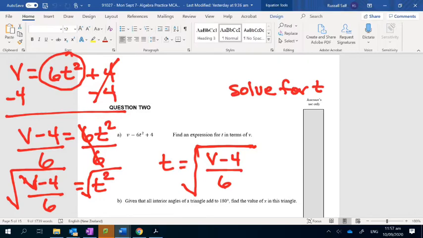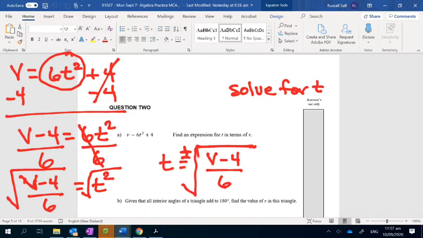And now, technically, when you take the square root, you get a positive and a negative value. For some reason, they don't count off if you don't write that. But really, you should be writing plus and minus in front of anything that you take a square root of, because there's a positive and a negative value. The reason why they don't bother so much is because you have a variable in it.